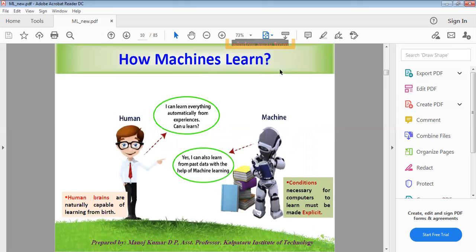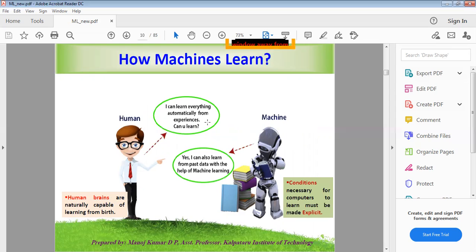Now, how does a human learn, and how does a machine learn? Human brains are naturally capable of learning from birth. We can learn things automatically from experiences.